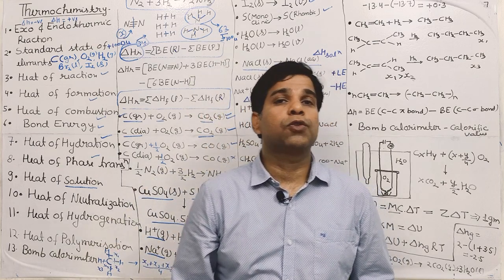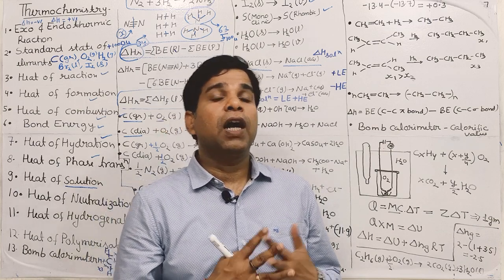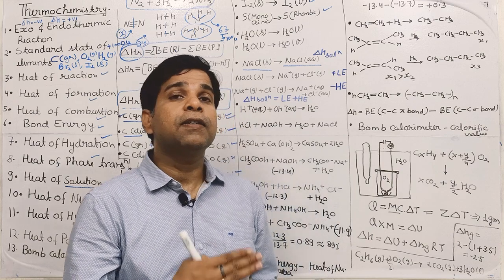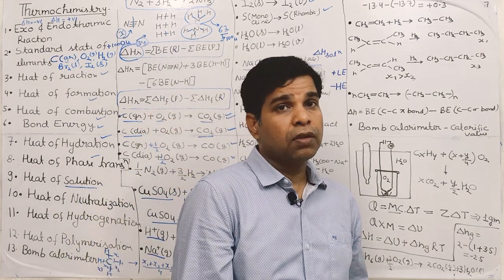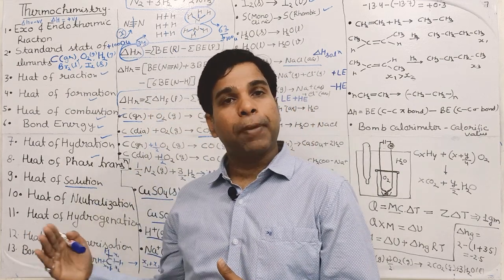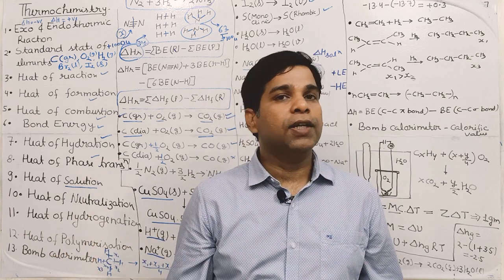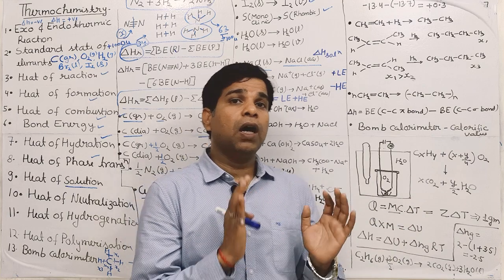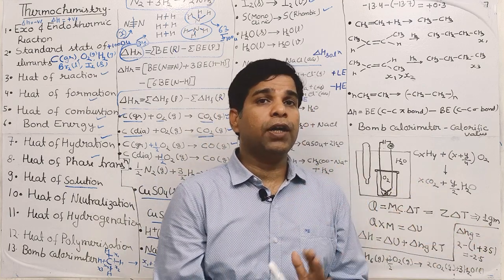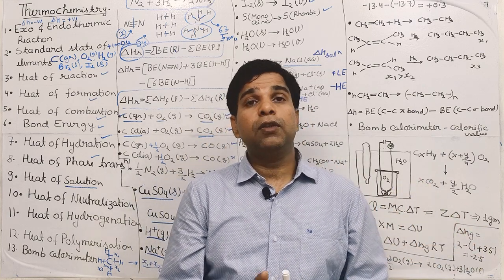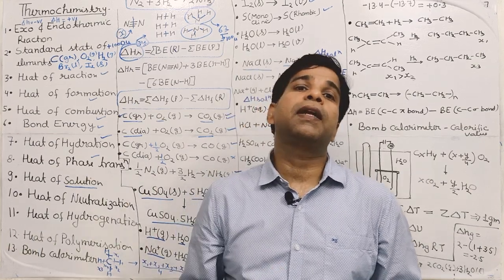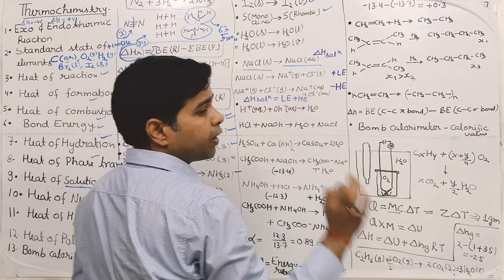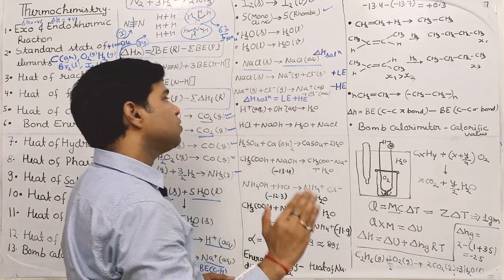Whenever the heat of solution is positive, we can say the ionic compound remains insoluble in water. The energy released by hydration is not able to compensate the lattice energy. When hydration energy is more, the energy released by hydration is sufficient to compensate the lattice energy, so the heat of solution becomes negative and the ionic compound will be soluble in water.